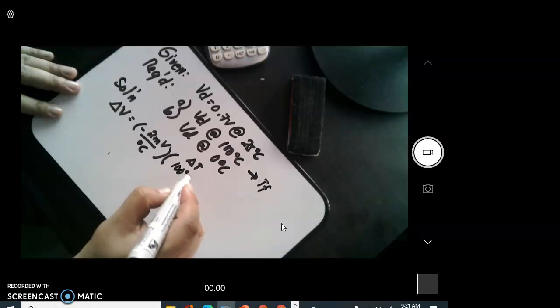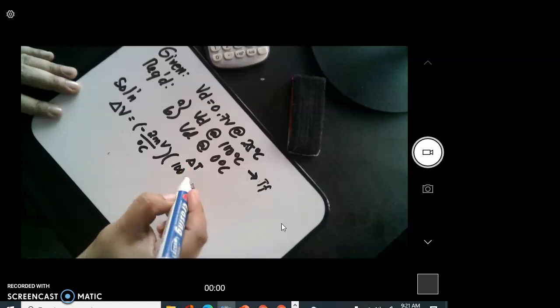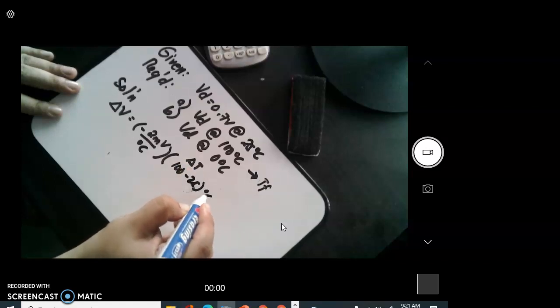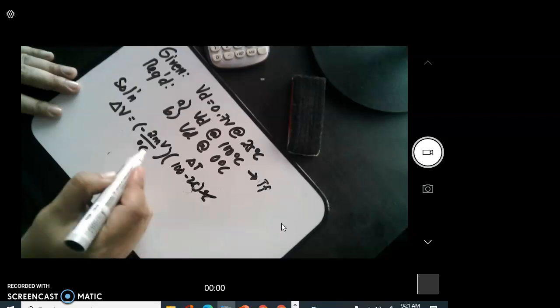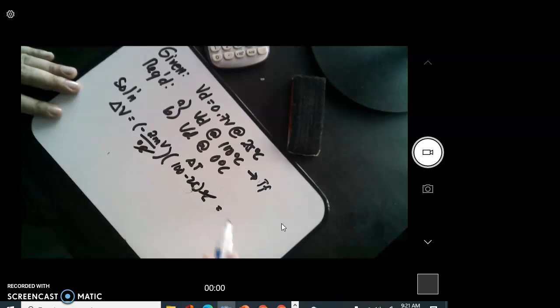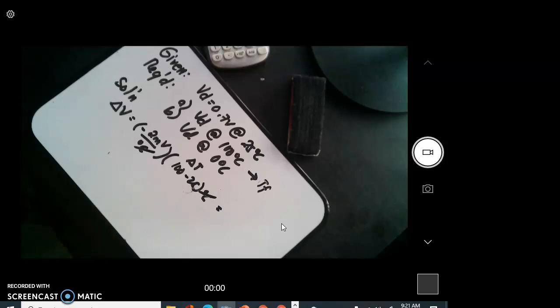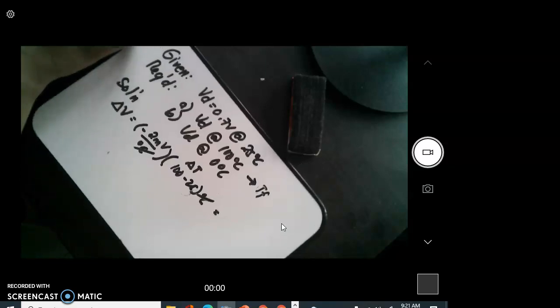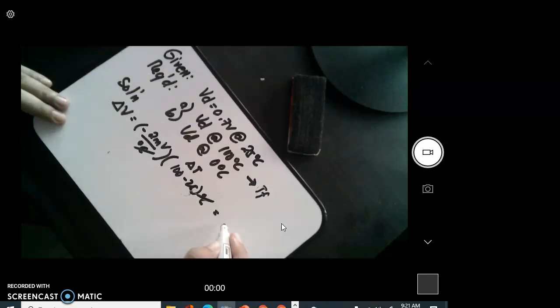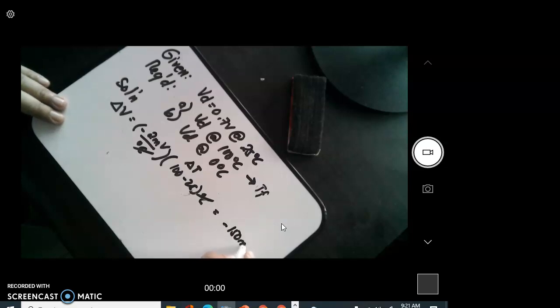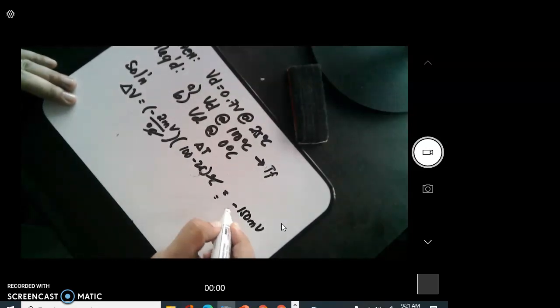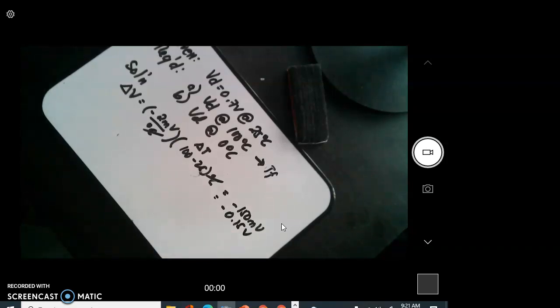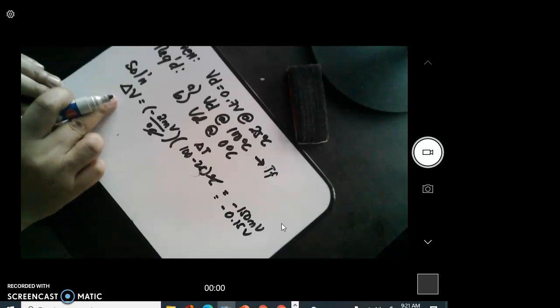So, 100 minus 25 degrees Celsius, factor out. So, the degrees Celsius and degrees Celsius will cancel out, leaving us now a value of what? So, 100 minus 25 is 75, okay? So, 75 times 2 millivolts will simply give us a negative 150 millivolts, or mathematically, this is simply equal to negative 0.15 volts.